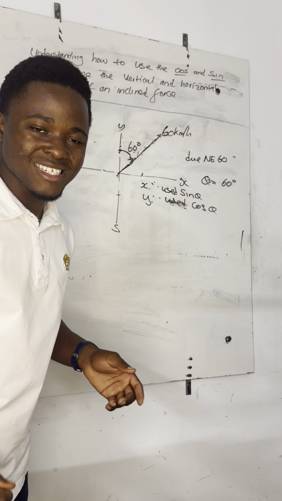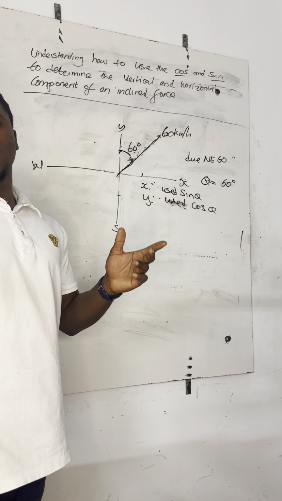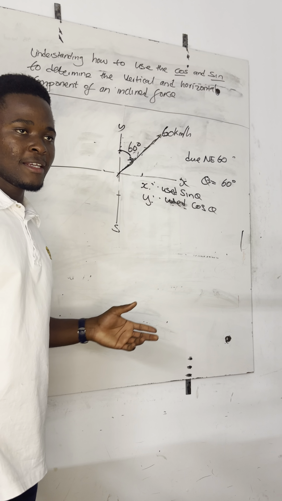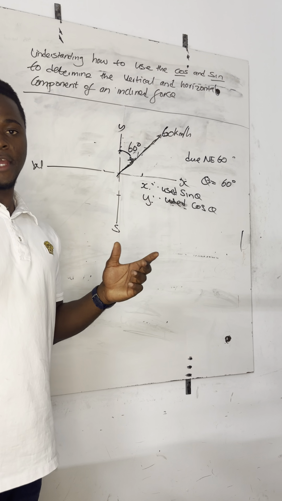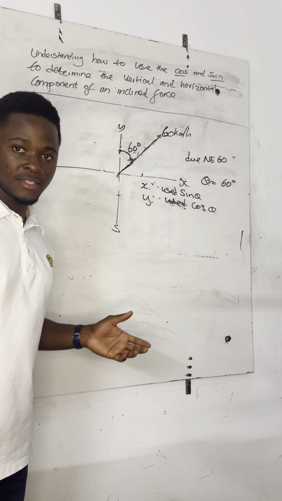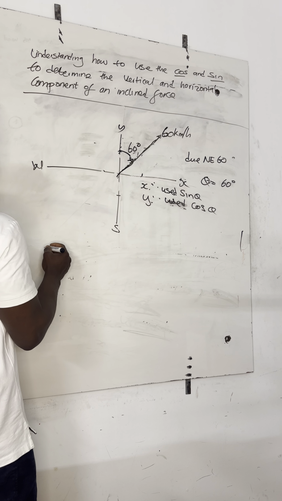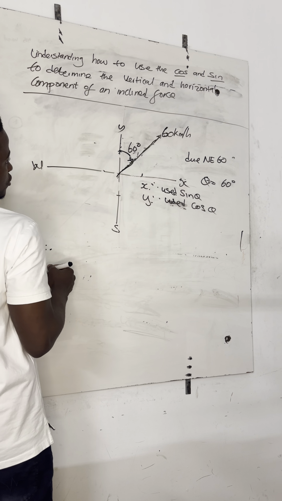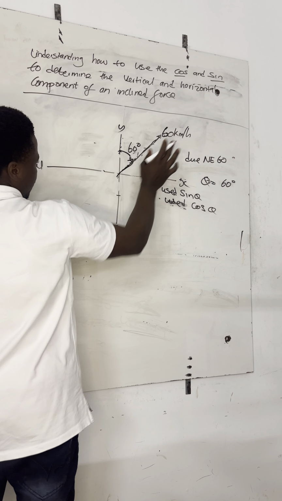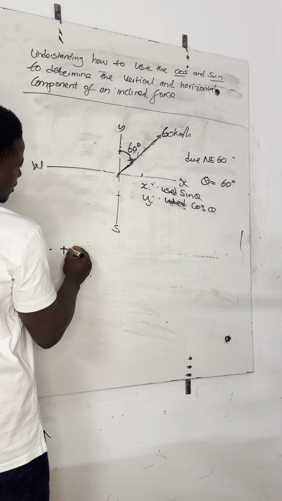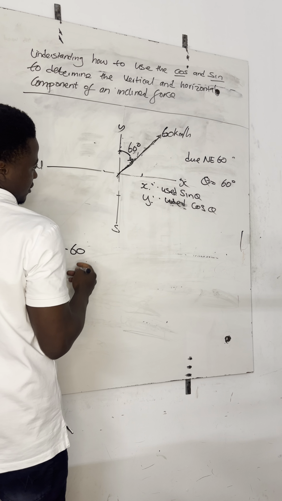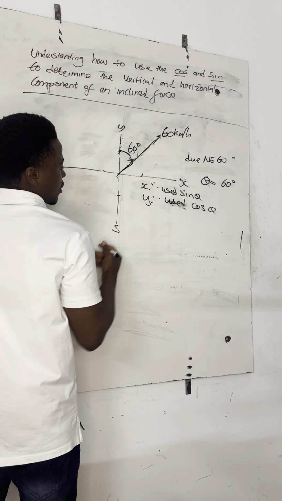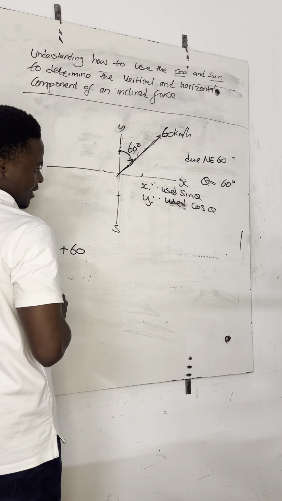Let's see if our x-axis is going to give us 51.96, and our y-axis is going to give us 30 kilometers per hour. So let's use that. We said, how fast is it moving towards the north? It's in the positive quadrant, so it's going to be plus 60. Now, notice that the angle has changed, so we have also changed how we are supposed to use the sign.